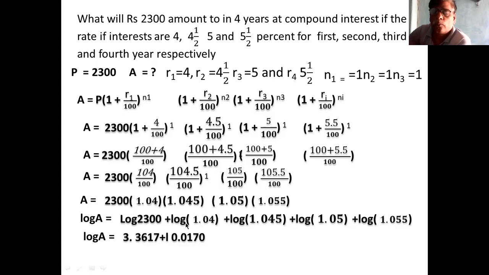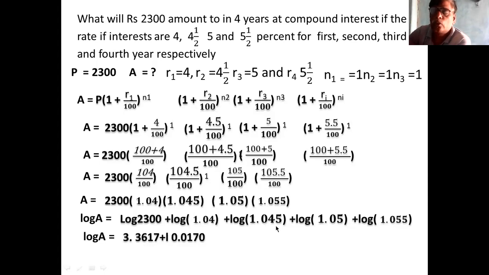Then 1.04. 1.0 means 10 row, 4 Mantissa column. It is 0.0170.